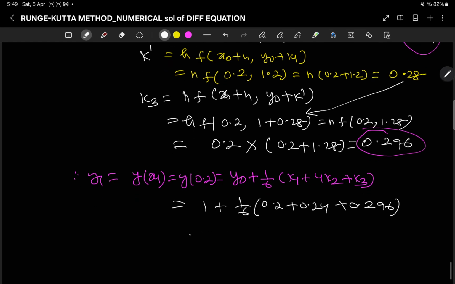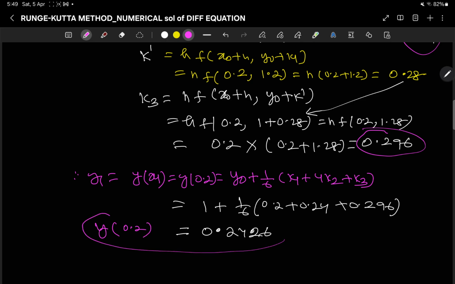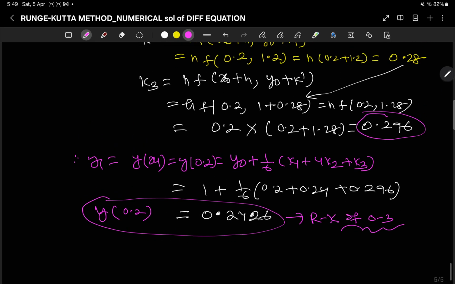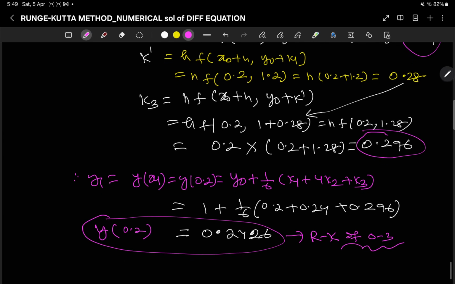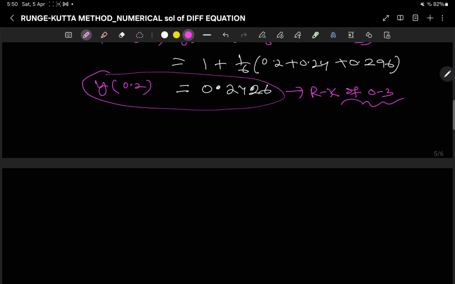Okay, if you simplify it, it will be 0.2426, right? So y of 0.2 is this by RK method of order 3. Now if we see the comparison, now by RK method of order 4.